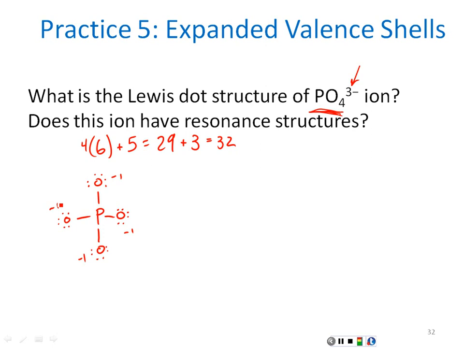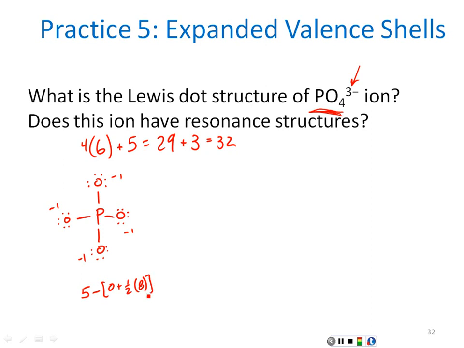The phosphorus now, I will calculate the formal charge. The formal charge would be 5 valence electrons minus the quantity of 0 non-bonding plus 1/2 of 8 bonding electrons.